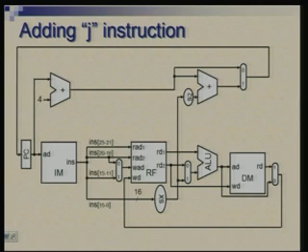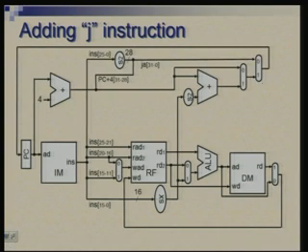So we would require another multiplexer which will provide one additional choice. We introduce that multiplexer here, remove this line and pass through a multiplexer, and the input for this multiplexer is coming from instruction bits.